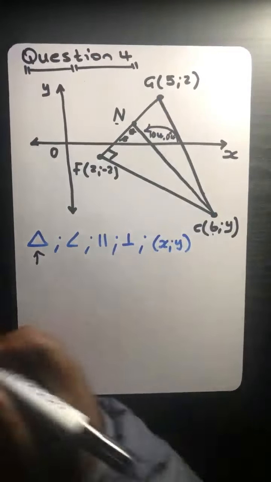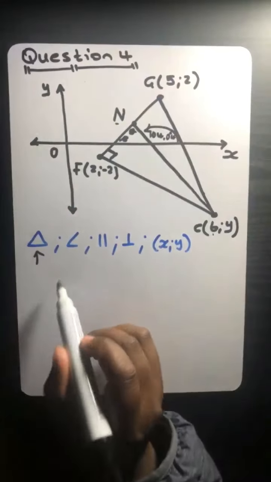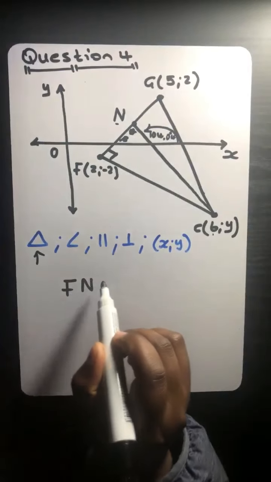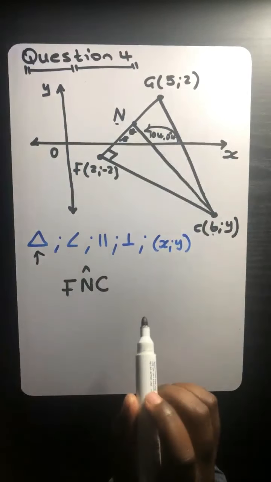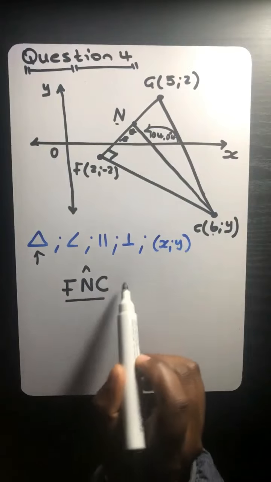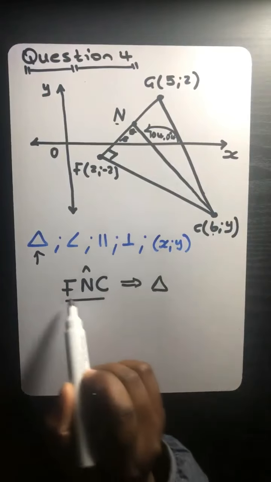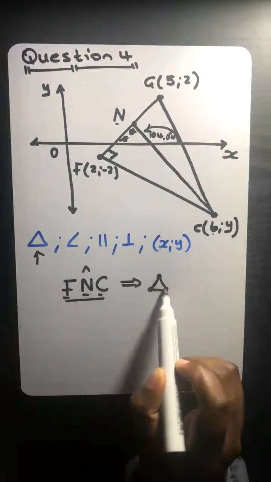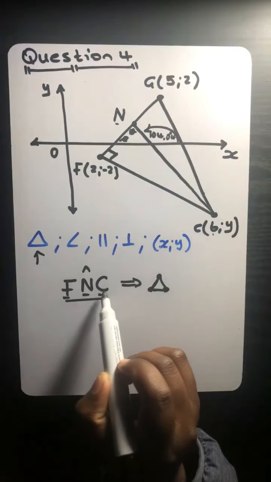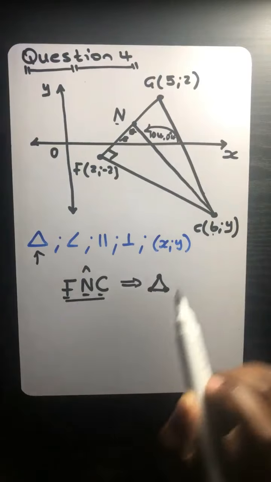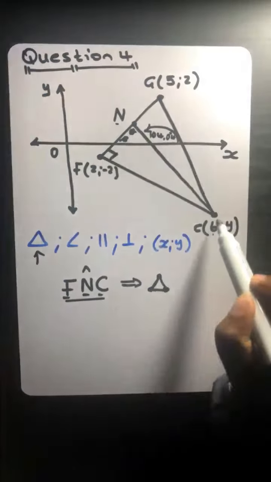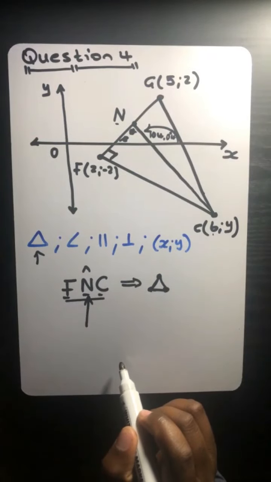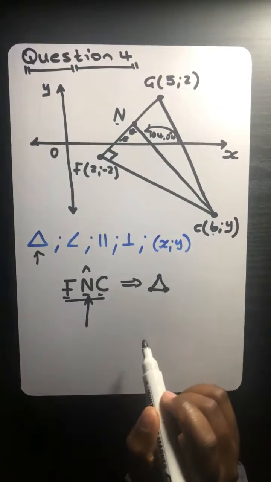Just to further explain to you guys, if they say, for example, FNC and they do that smaller thing, in short, it simply means in triangle FNC. So you must identify the 3 points, which is F, N, and C. There is F, there is N, there is C. The letter which is written in the middle means they are talking about an angle at that vertex or at that corner.